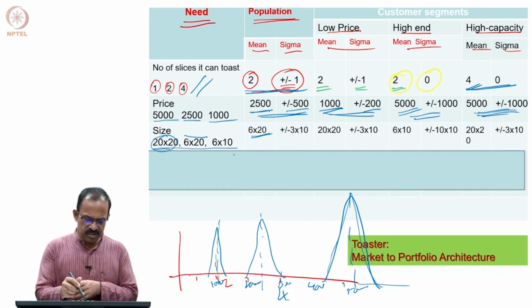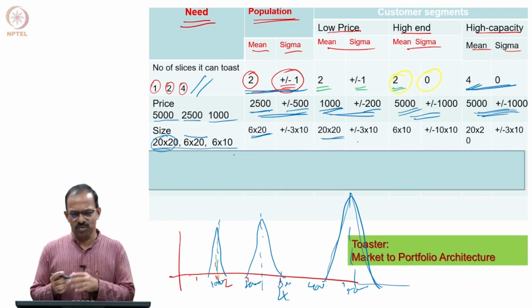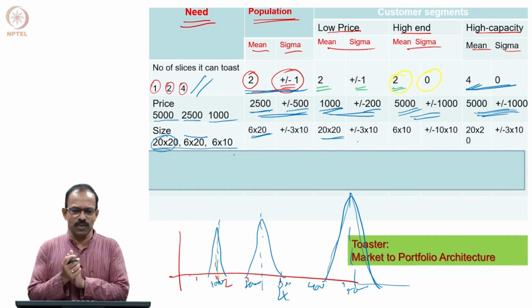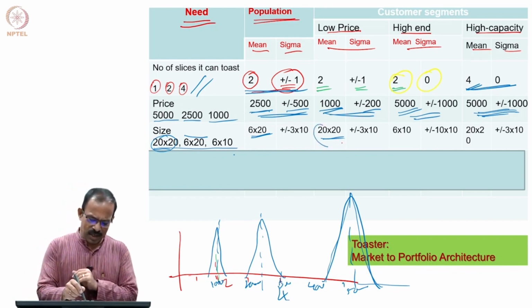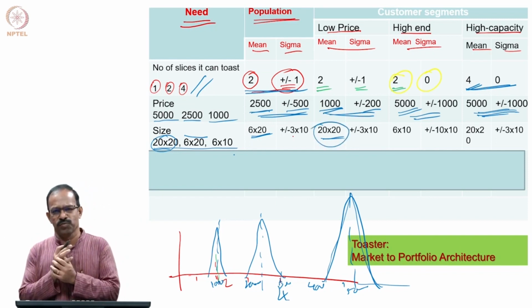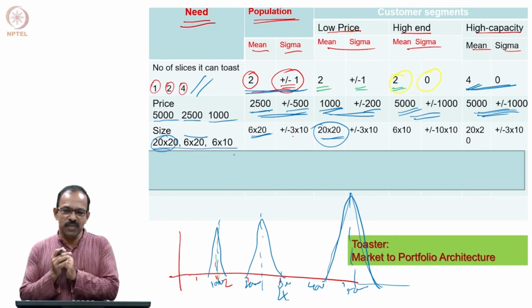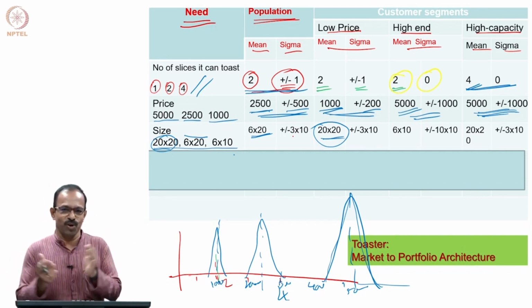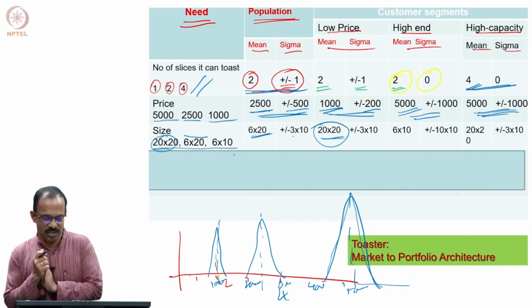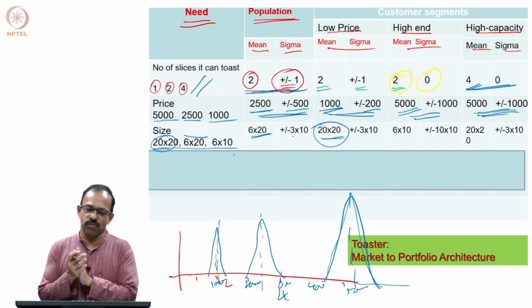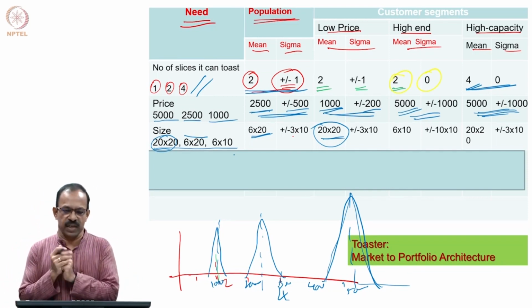The low price segment does not really care what the size is, 20 by 20 or whatever it is. They are telling, okay, we do not care about this, so 20 by 20 is also fine, because when it becomes smaller and smaller, the cost may go up. So, they do not want to increase the cost. So, they are ready to go for a non-compact type.